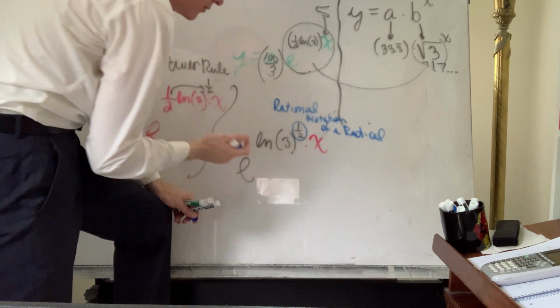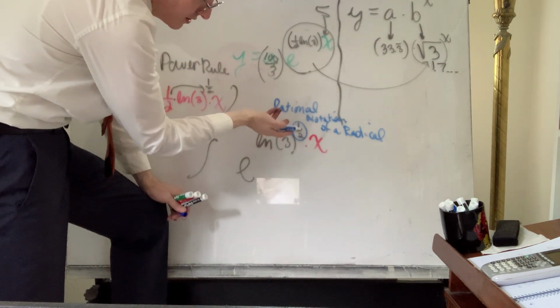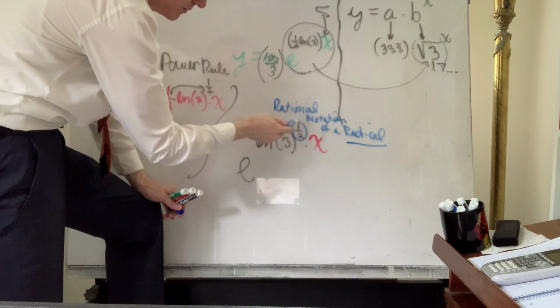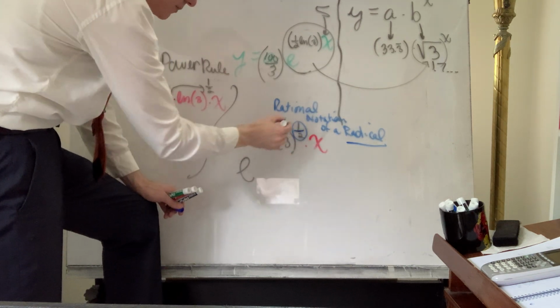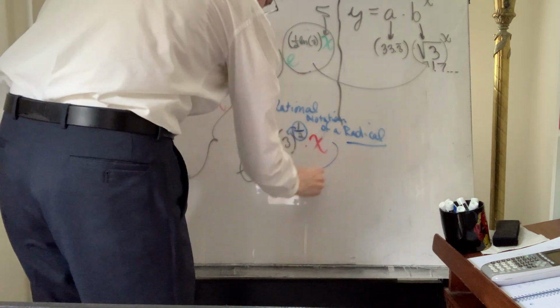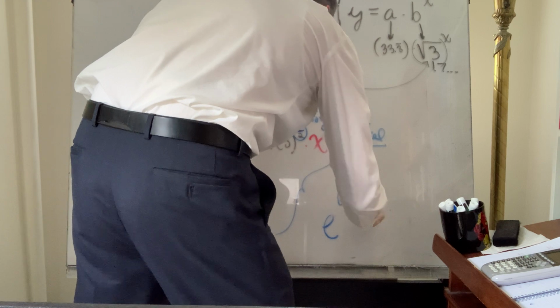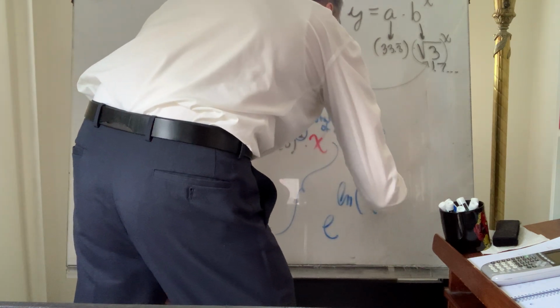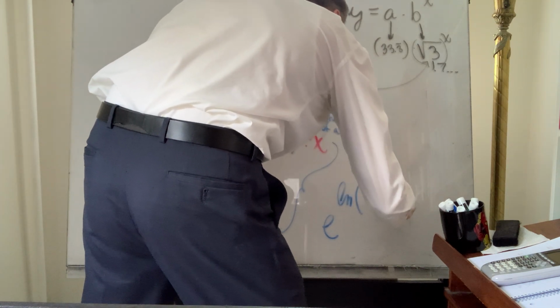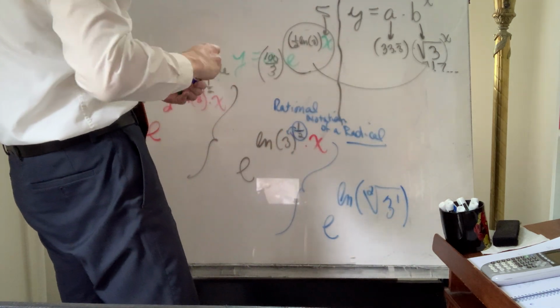Remember, if you have an exponent that is a fraction, essentially the denominator is the type of radical it would be. So if it's a denominator of 2, applied to the guts of 3, that means we still have e to the natural log of the square root of 3, and this is still an x here.